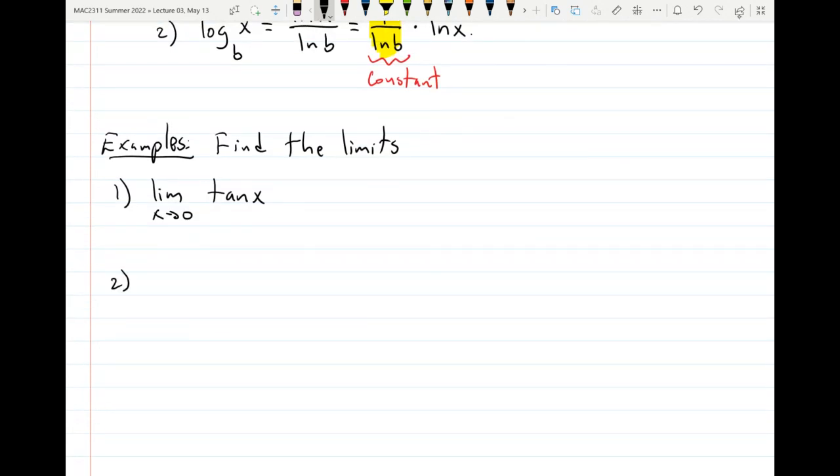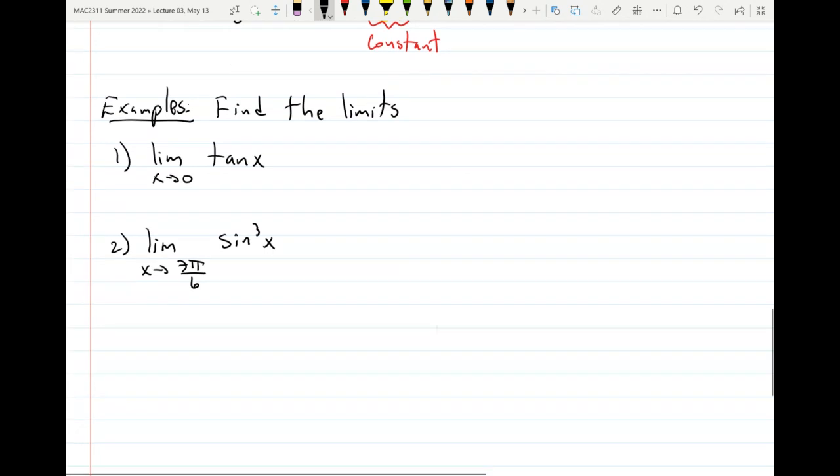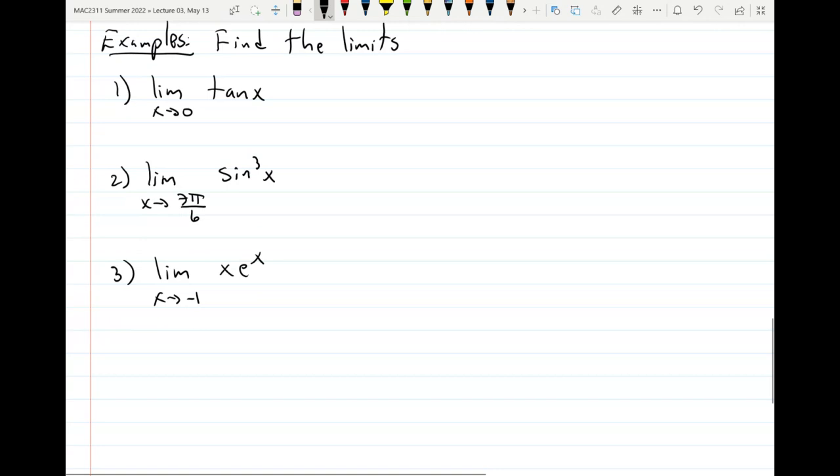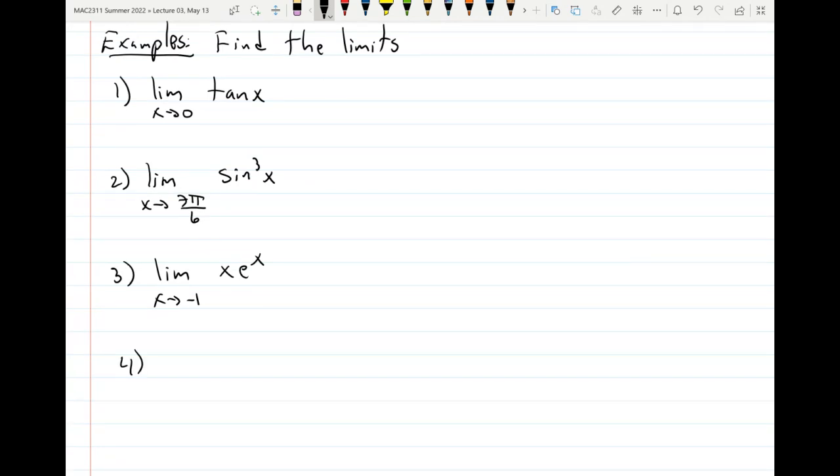Number two, the limit as x approaches 7 pi over 6 of sine cubed. Number three, the limit as x approaches -1 of x times e to the x. And then let's do the limit as x approaches e of ln of x cubed, like this.